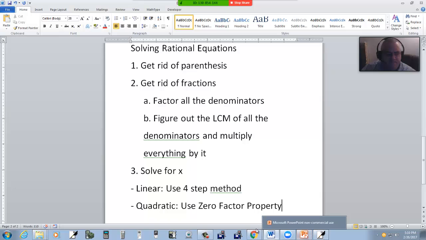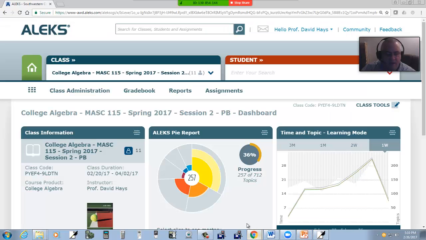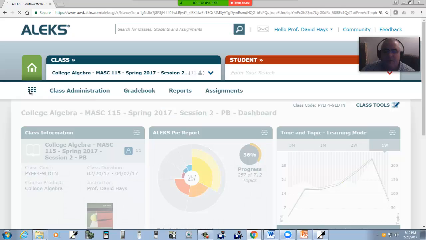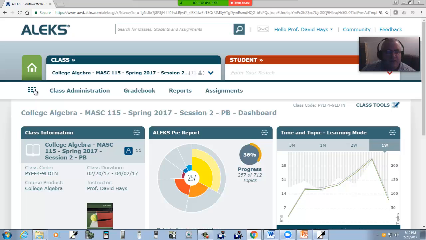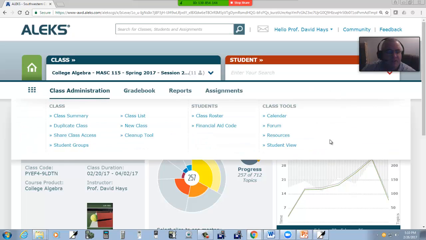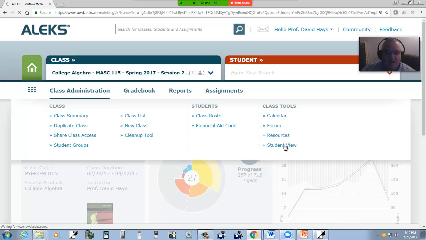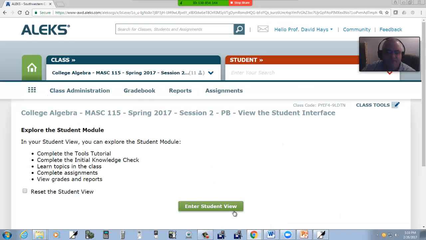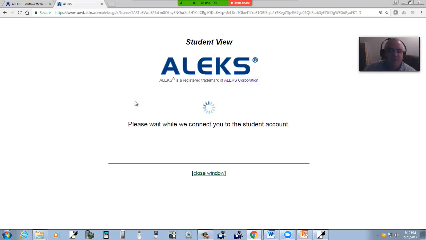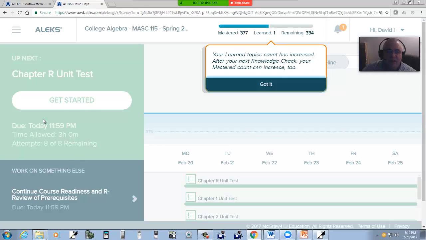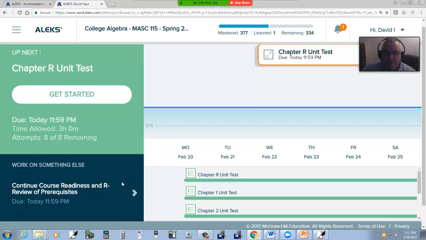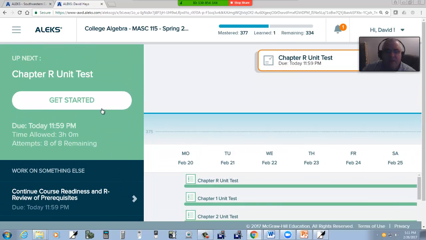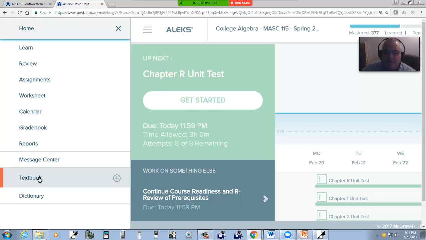Let me go into this. Class administration, student view. I'm never good at making up ones that come up as linear equations. So you got it. Okay. And textbook.